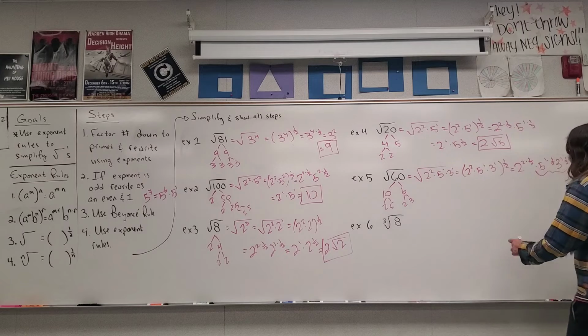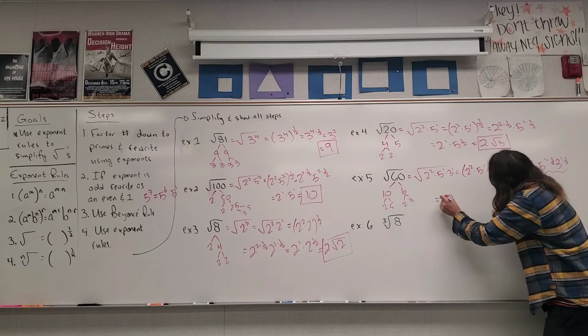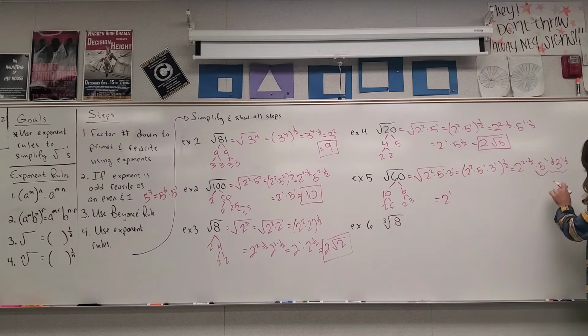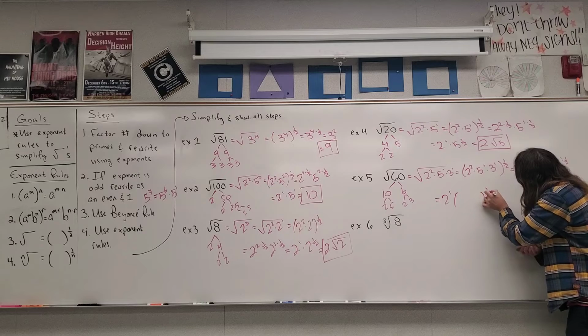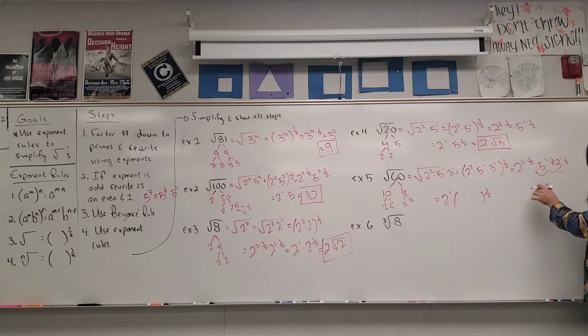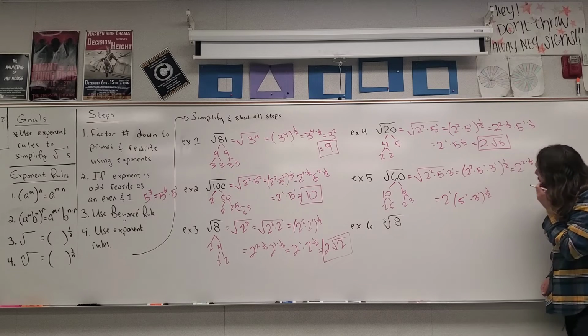So we can rewrite this whole thing as half of 2 is 1. And again, since both of these have a half, we can put the half on the outside. And we would have 5 to the power 1, 3 to the power 1.